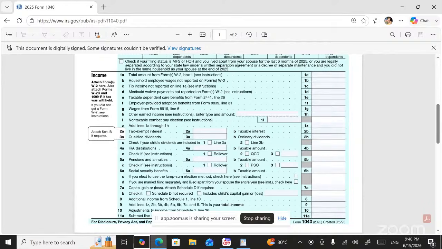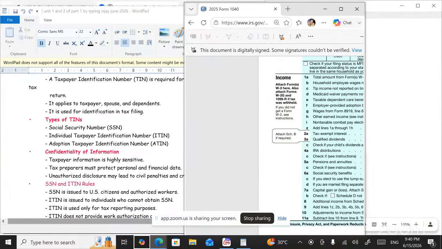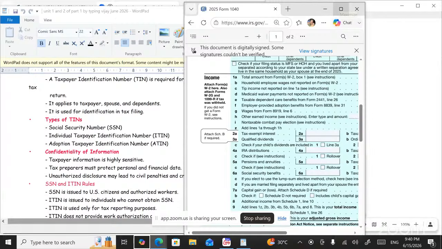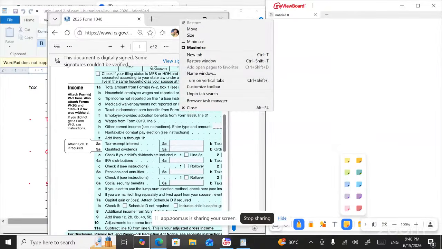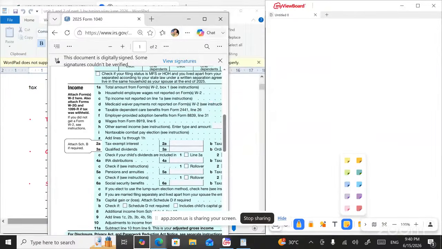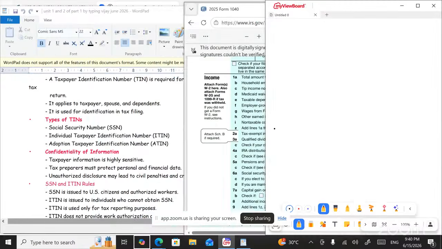What is the W2? Salaried persons also. Yes, sir. Correct. In India, Form 16 will be issued by the employer. The same form will be used by the employee at the time of filing his tax return. Am I right? Yes.